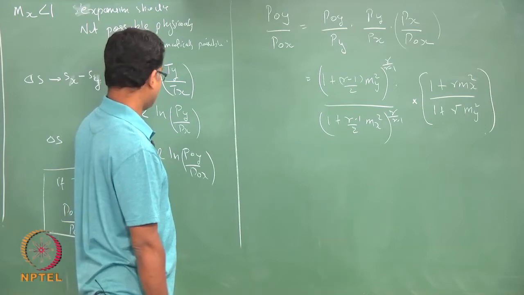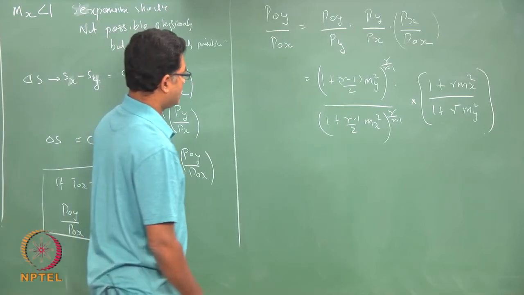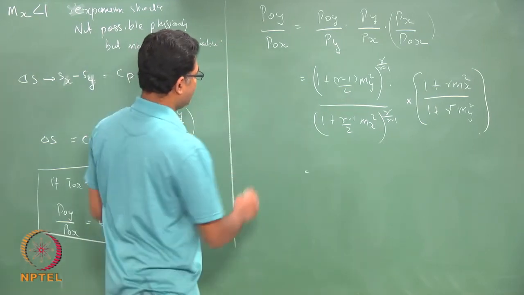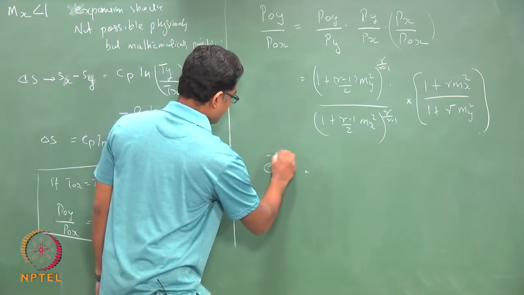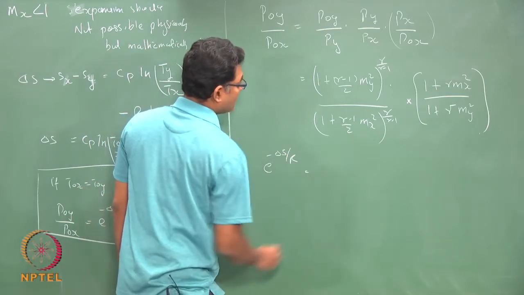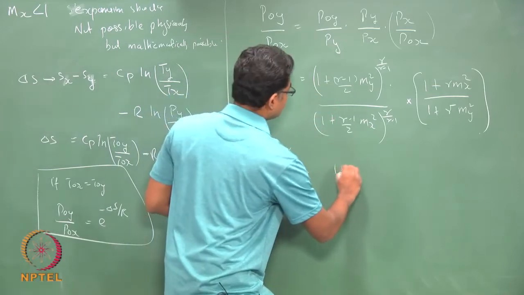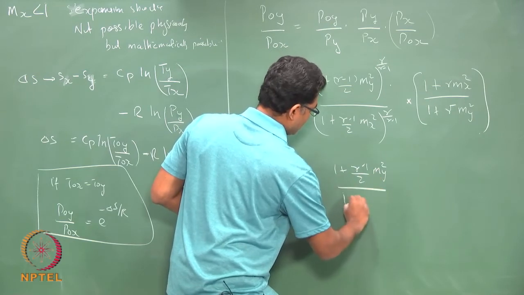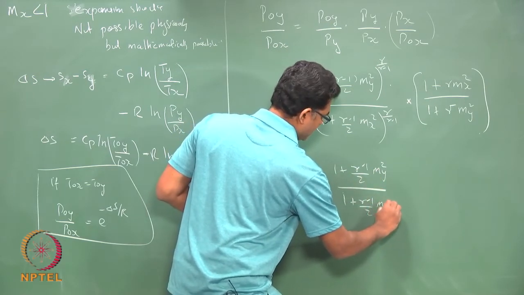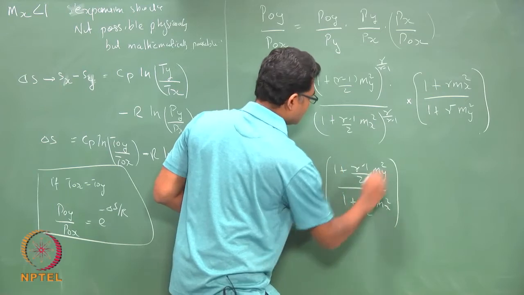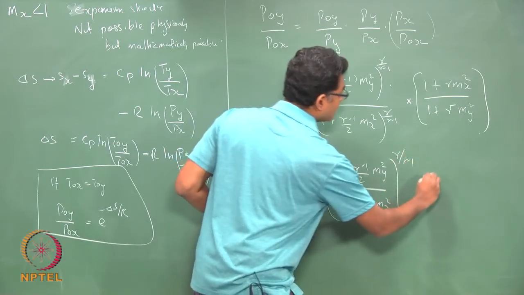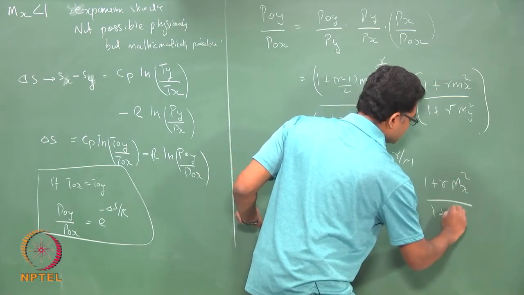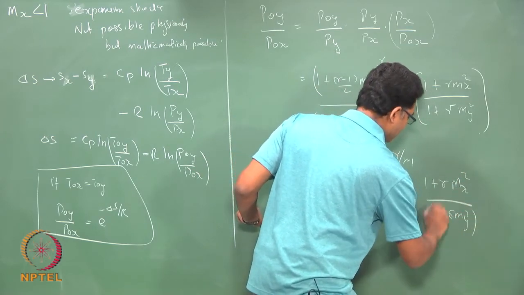Now, this is my entropy change, e power minus delta S by R, is this: 1 plus gamma minus 1 by 2 My square divided by 1 plus gamma minus 1 by 2 Mx square, to the power gamma by gamma minus 1, into 1 plus gamma Mx square divided by 1 plus gamma My square.